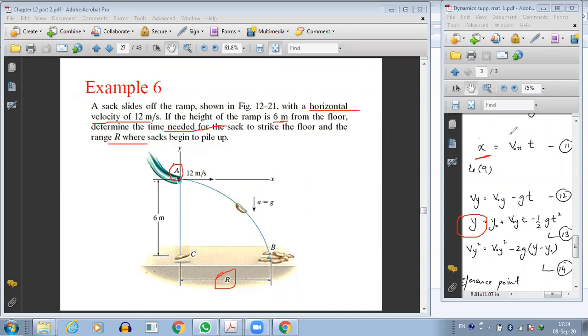So you will use this equation. You have Y, you have V naught Y is 0. This is 0. So this is also considered 0, Y naught. Then you have G, you'll find time, substitute the time here, you'll find X. Is it clear?